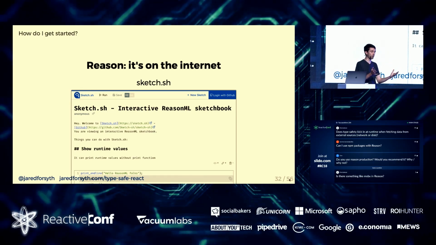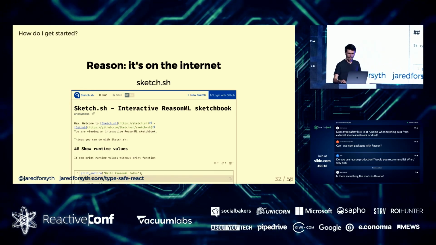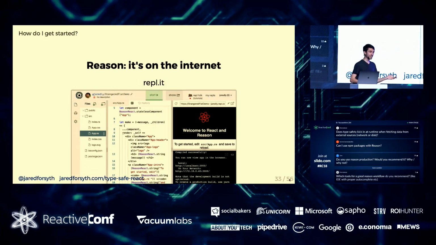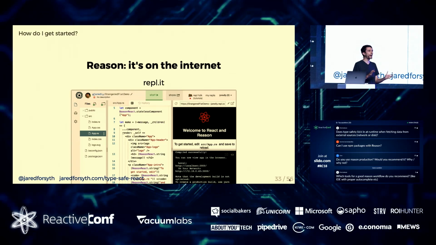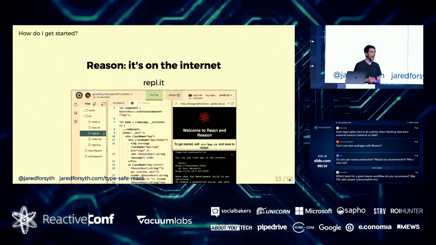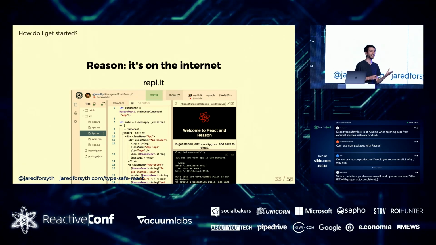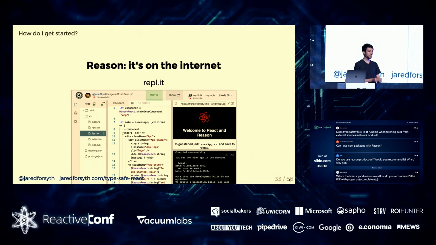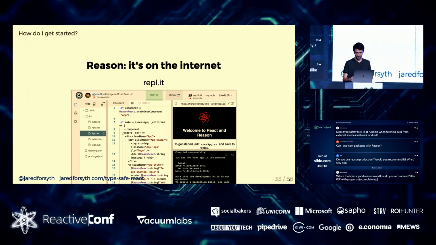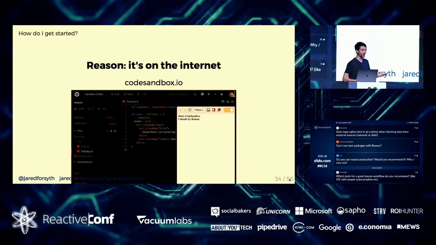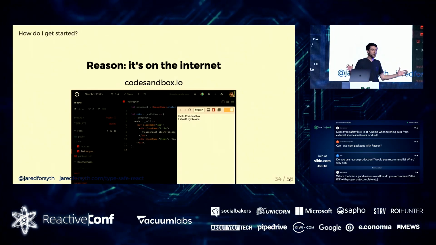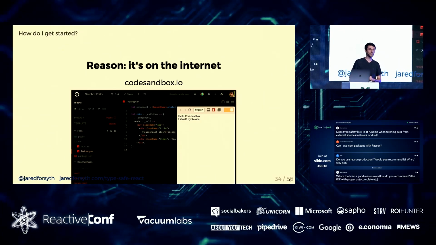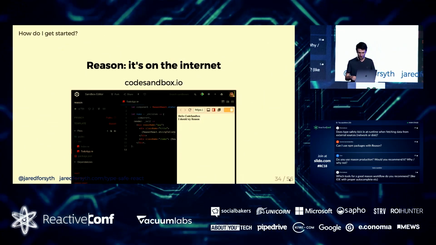It's a REPL, essentially. And speaking of REPLs, REPL.it is an excellent service that has a staggering number of programming languages supported. And they just recently added support for Reason React. So you can get up and running there as well. And CodeSandbox also recently added support for Reason React. So whichever you're used to using, you can keep using that and try out Reason.